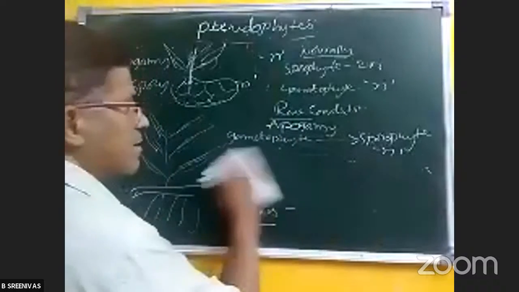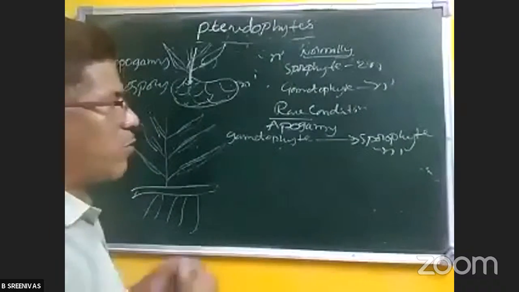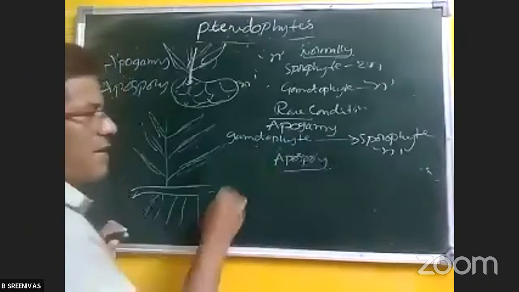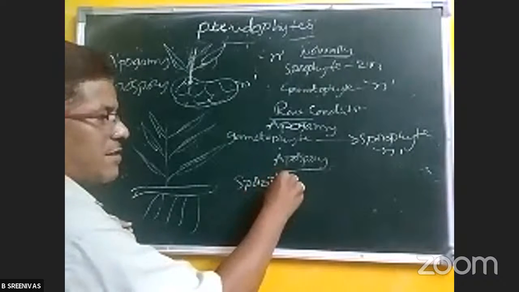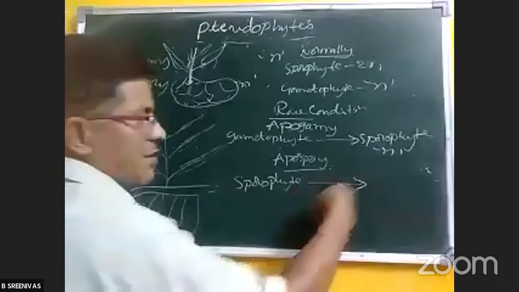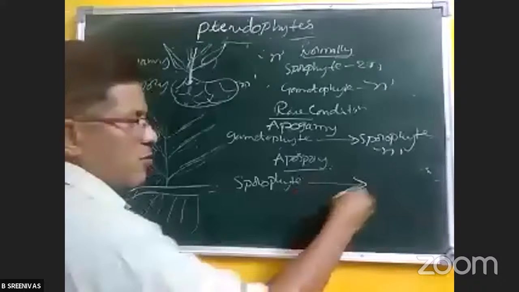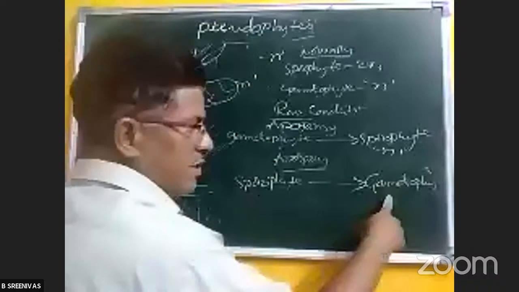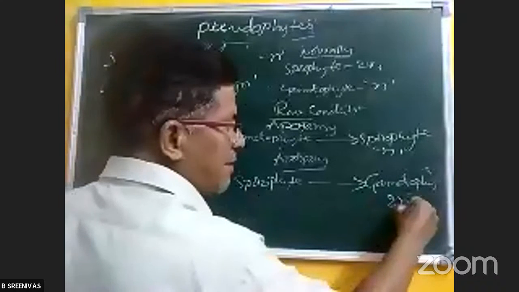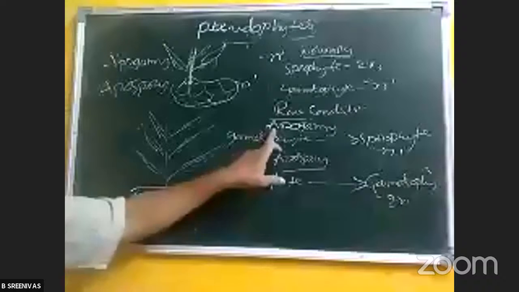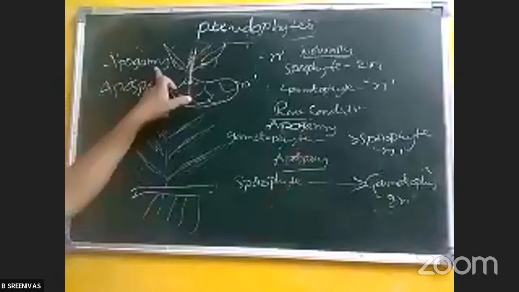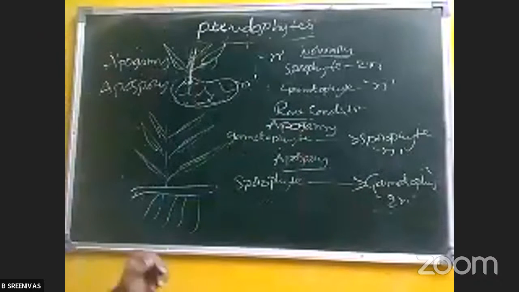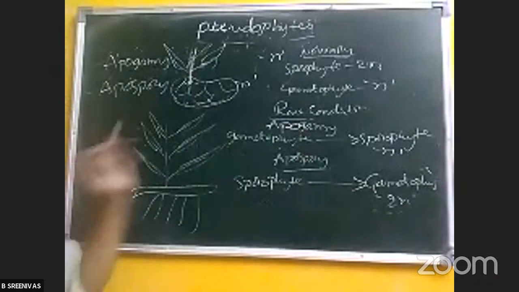Next one, apospory. Apospory means the sporophyte develops into a gametophyte. Here the sporophyte is in diploid condition, and the produced gametophyte is also diploid. It is the rare, abnormal condition. In apogamy and apospory, the ploidy of the gametophyte and sporophyte is reversed. Are you clear with this? Apogamy and apospory.